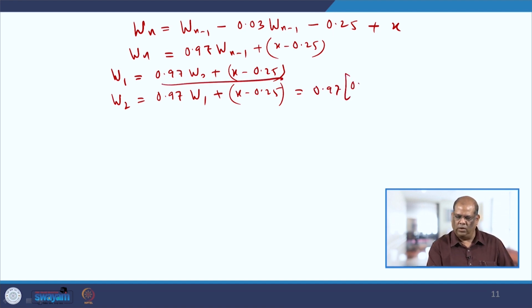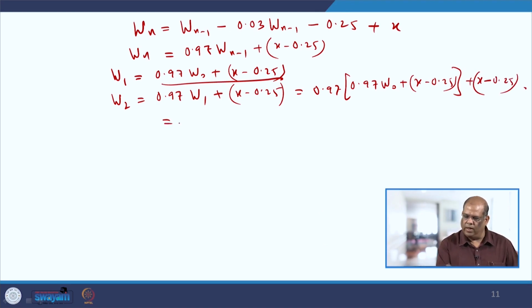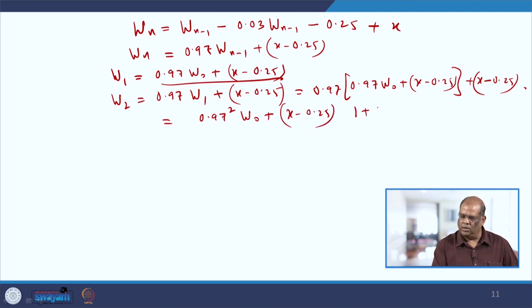So, you get 0.97 times 0.97 W0 plus x minus 0.25, plus x minus 0.25. If you simplify this, it is 0.97 square W0 plus x minus 0.25 times 1 plus 0.97.